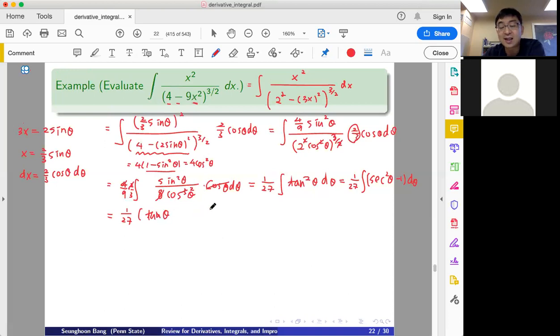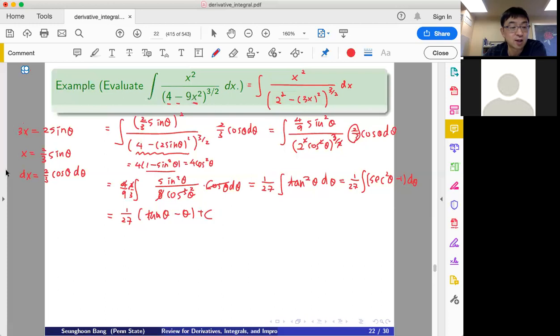The integral of secant theta is ln of secant plus tangent, but integral secant squared is just tangent theta. The integral of one is just theta. So we have it.